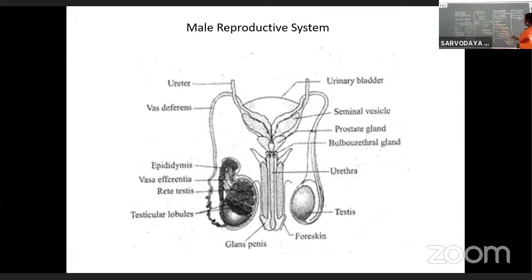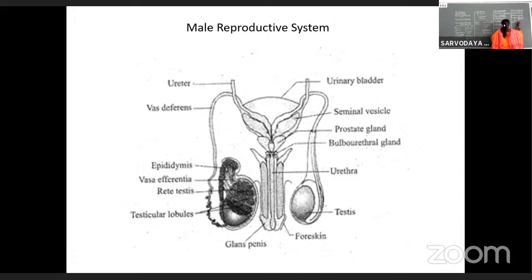What are the accessory glands? They include the seminal vesicle. You can look into the diagram. What is the second gland? Prostate gland. What is the third one? Bulbourethral gland. Now the secretion from all these three glands, what is it named as?